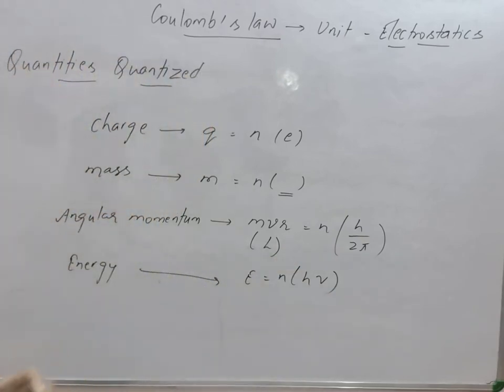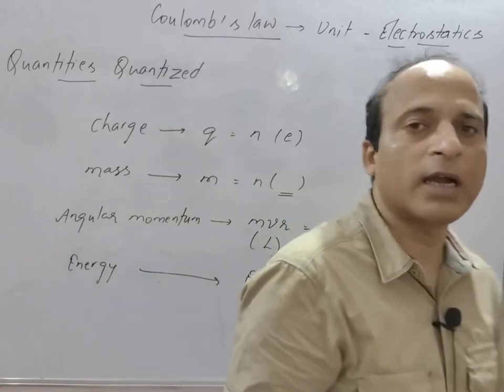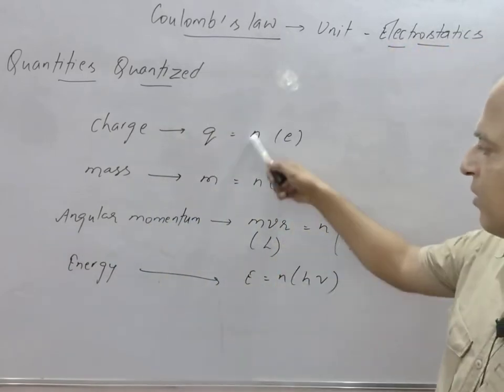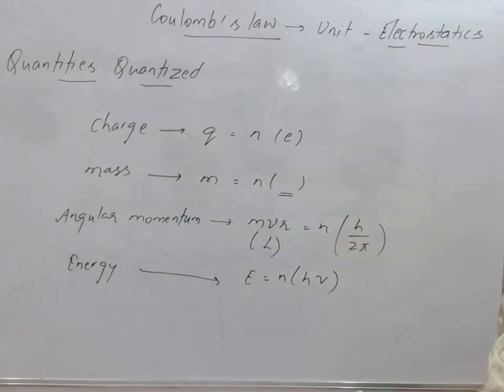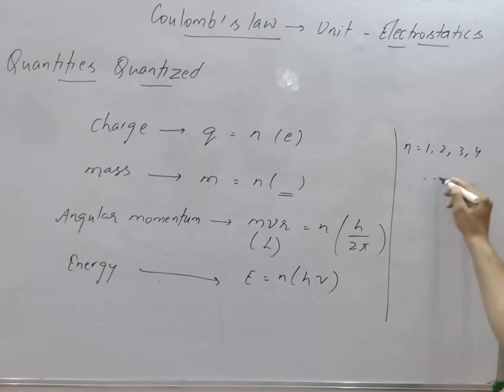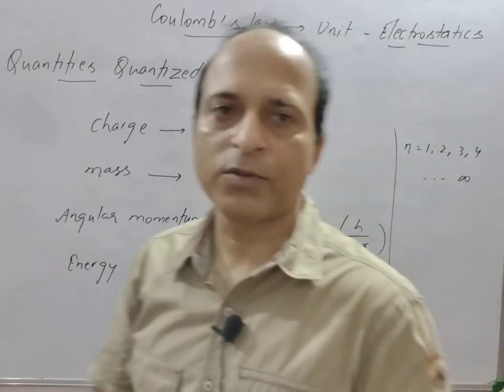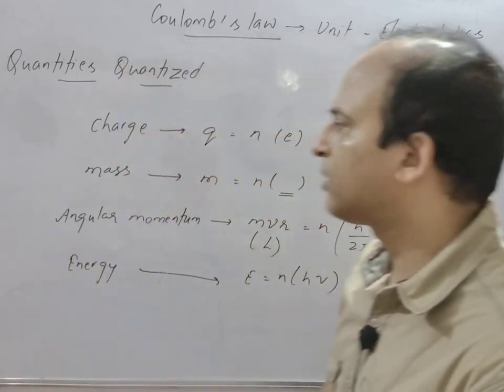So these are four physical quantities which are actually quantized: charge, mass, angular momentum and energy. You can see everywhere we are using N on the right hand side. N can have values 1, 2, 3, 4 and so on till infinity. Means N cannot have fractional or decimal values. That is the actual meaning of quantization.